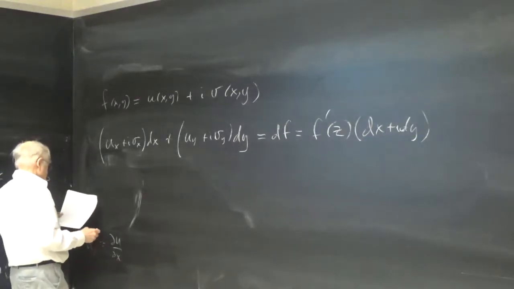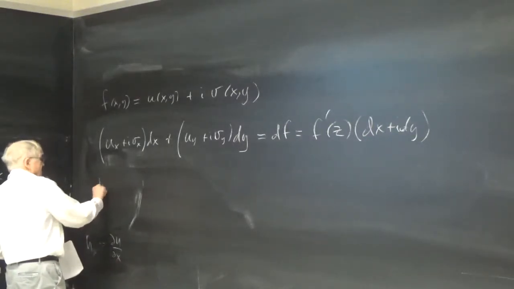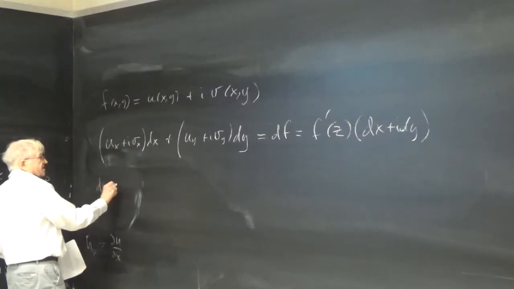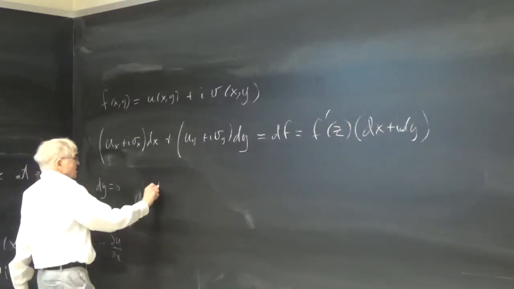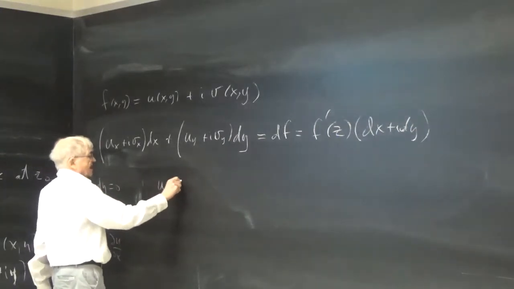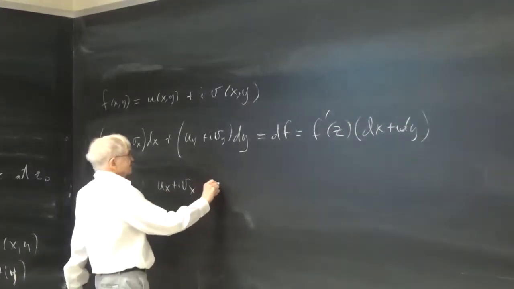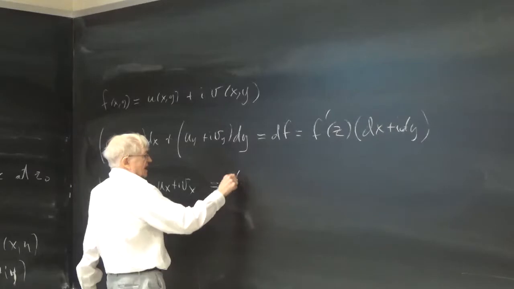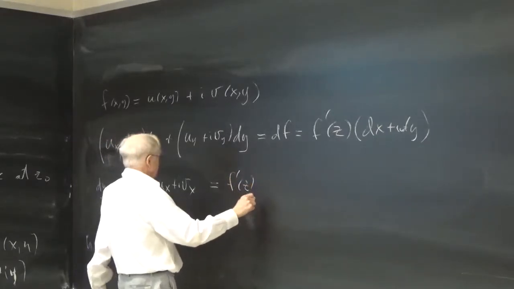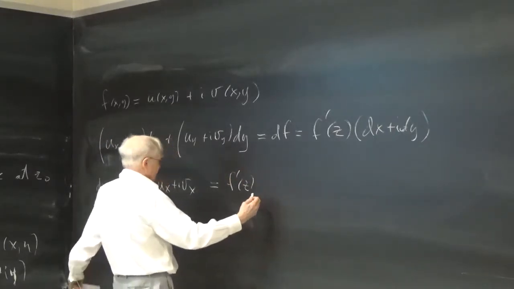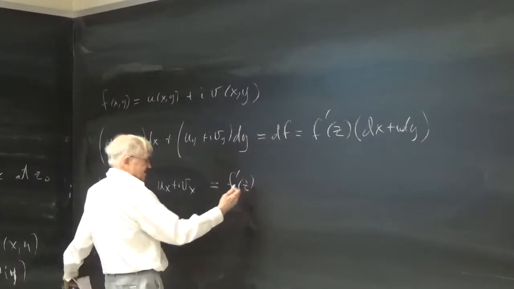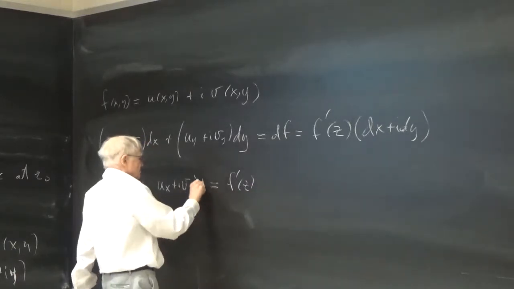And so if we try the extreme case of dy equal to 0, we get u sub x plus i v sub x is equal to f prime of z times dx, and then I'm canceling. Well, all right, maybe I should do this in 2 steps.